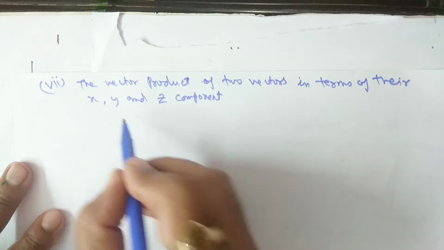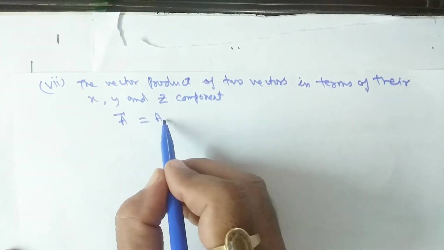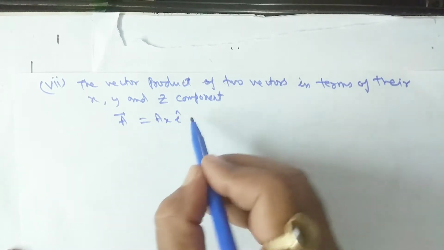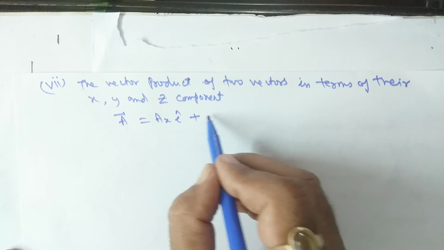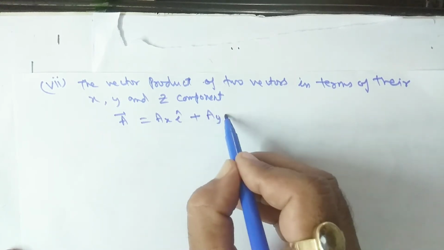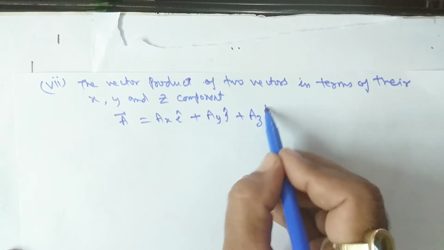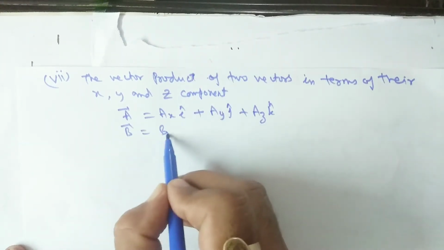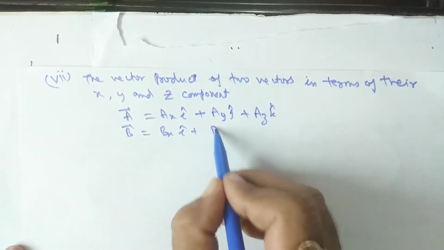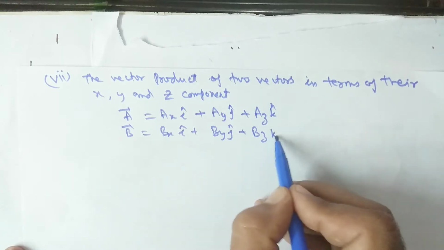Suppose vector A is given three-dimensionally as Ax I cap plus Ay J cap plus Az K cap, where Ax is the magnitude along the x-axis. And vector B is equal to Bx I cap plus By J cap plus Bz K cap.